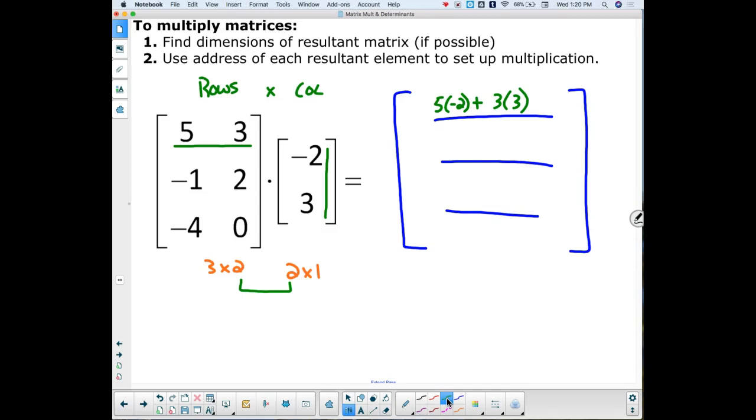Rows by columns. Because that's row 1, column 1, I take the first row times the first column. This is row 2, column 1, so I'm going to take the second row times the first column. Negative 1 times negative 2 plus 2 times 3.